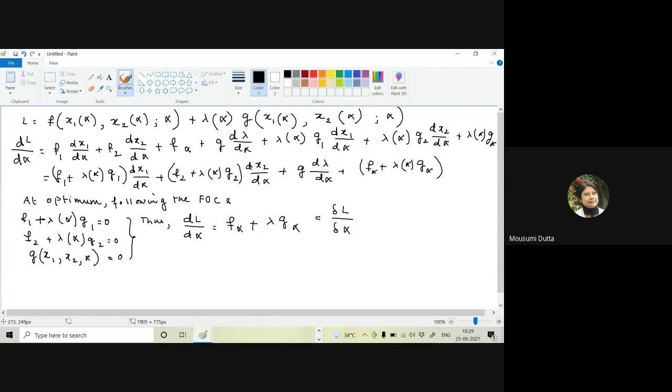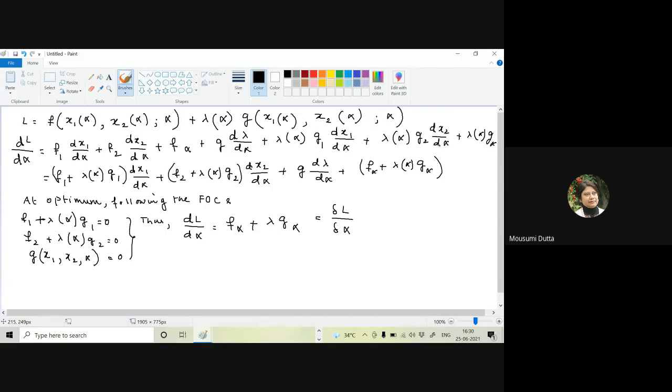So first I am taking the derivative of the first expression. I'm getting f1 dx1 by d alpha plus f2, that is del f by del x2, into dx2 by d alpha. I'm totally differentiating it.